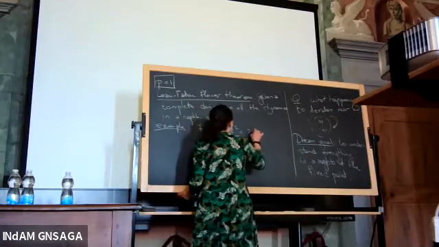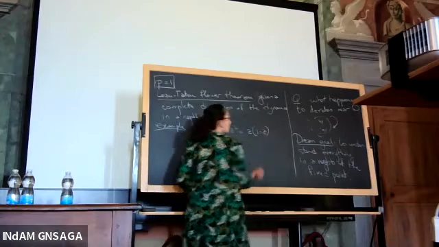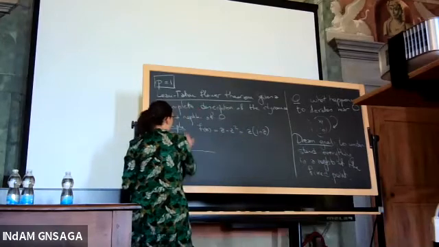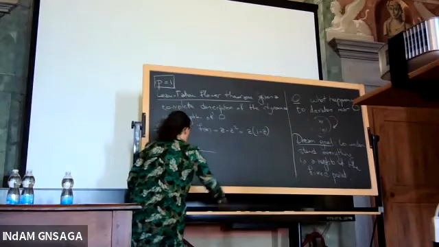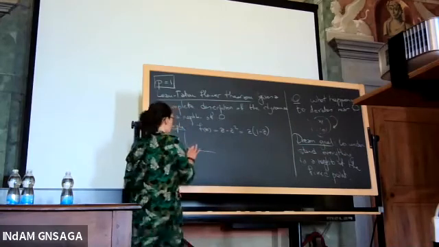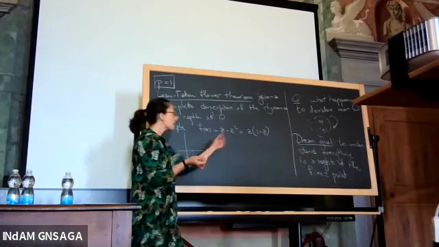Well, let me write it like this. I'm in the context where, if z is real and positive, then 1 minus z is more than 0 and it's smaller than 1.